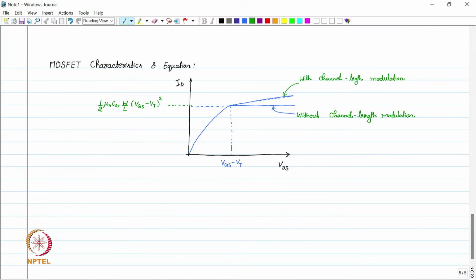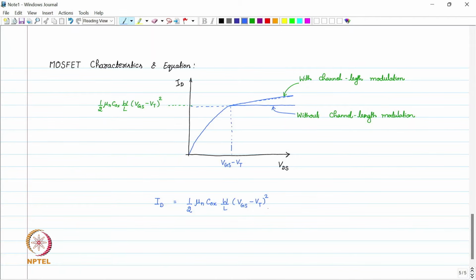So the current equation, if we consider the channel length modulation, the equation for the drain current is half mu n, C oxide, W upon L, (VGS minus VT) whole square.